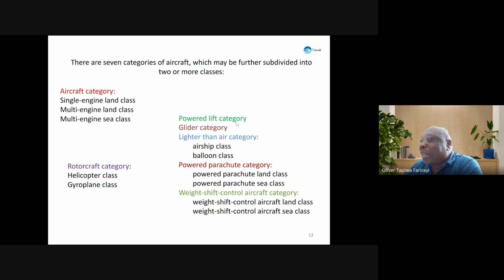Then the power-lift category, the glider, the lighter-than-air category, airships, and again, someone's favorite, the balloons. Then you've got the powered parachute category: powered parachute land class, powered parachute sea class, and the weight-shift-control aircraft category: weight shift control land, weight shift control sea.